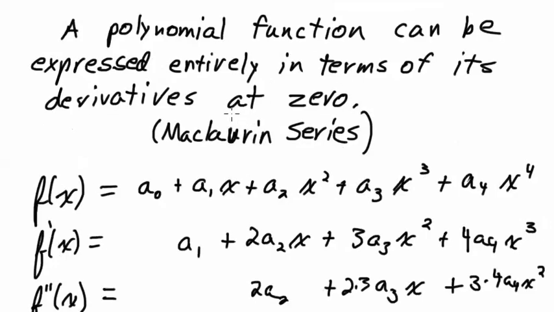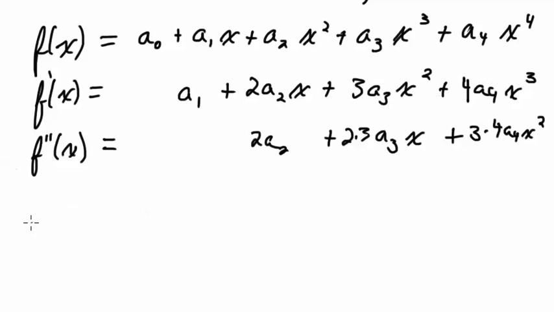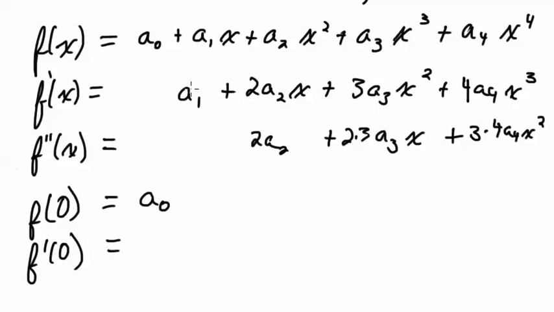Now, key to this statement here is that we're talking about the derivatives at 0. So if I said f of 0, I would simply have a sub naught. f prime of 0 is equal to a sub 1, and f double prime of 0 would be 2a sub 2.